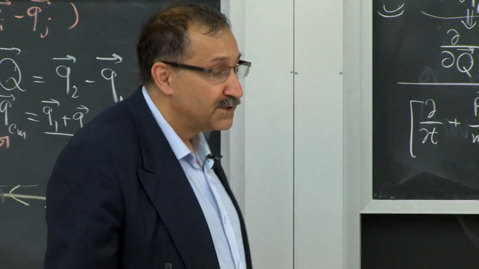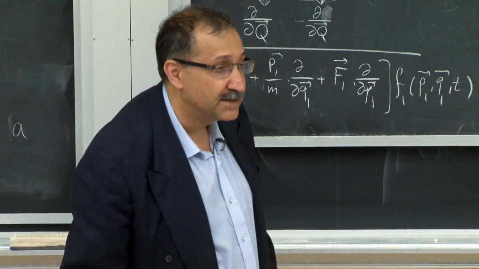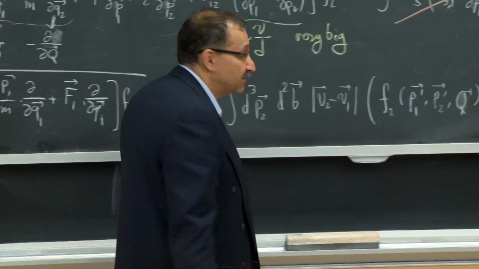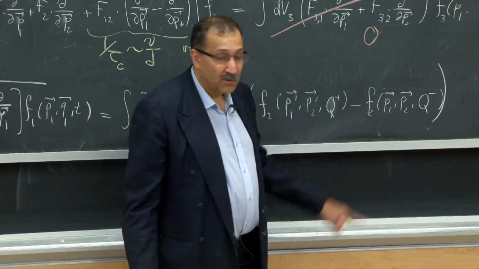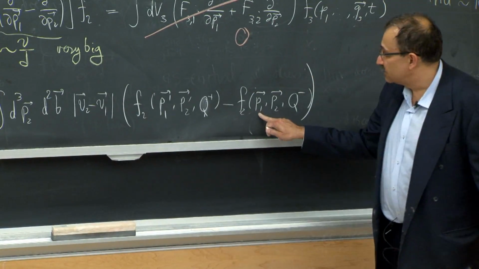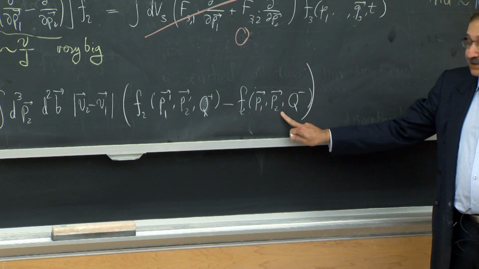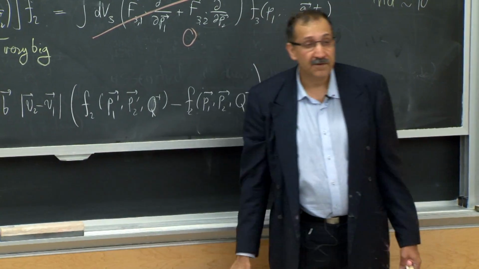But what you have on the right-hand side says that suddenly there could be another particle that I interact with, and then I change my direction. And so I need to know what is the probability, given that I'm moving with the velocity P1, that there is a second particle with P2 that comes close enough.